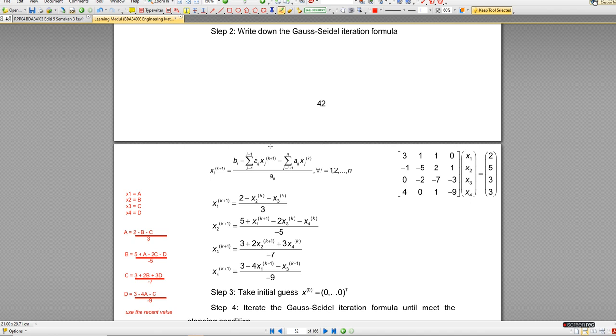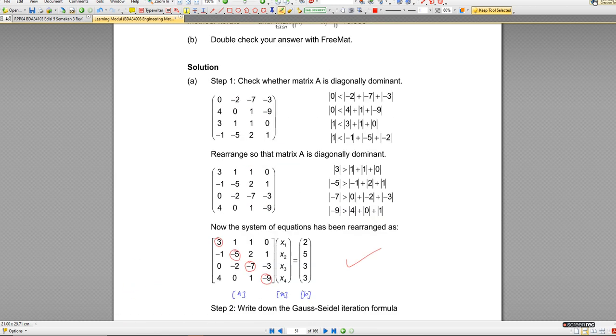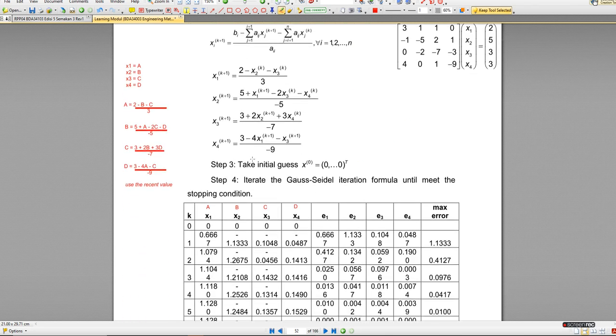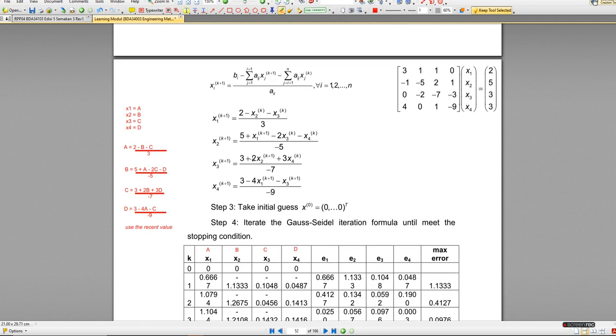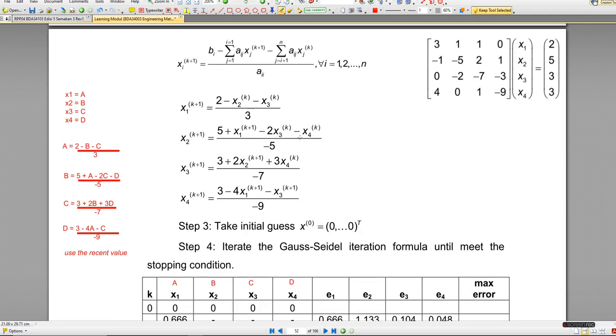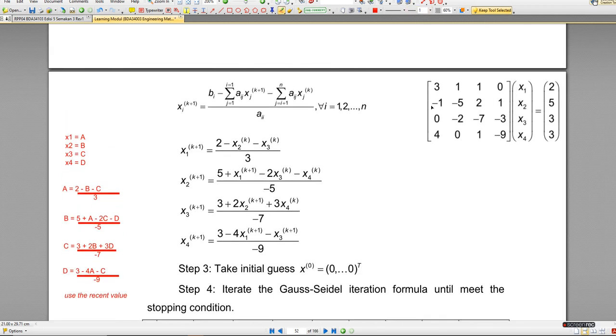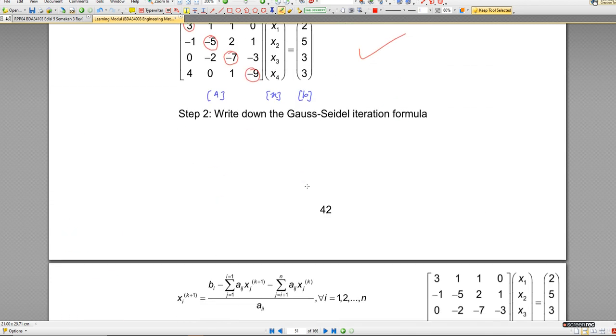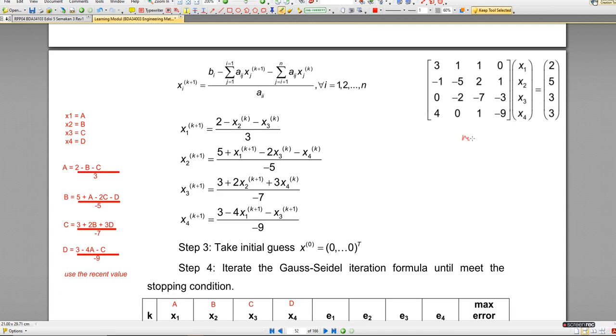Okay, we see the solution, the table. So in this case, this is the matrix that we already rearranged. 2, 5, 3, 3. 2, 5, 3. This one is the rearranged matrix.